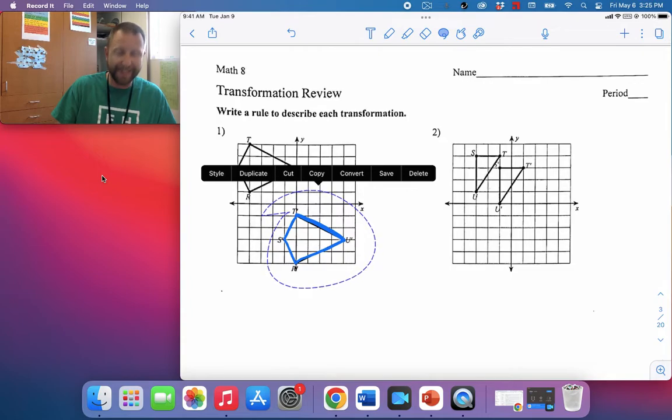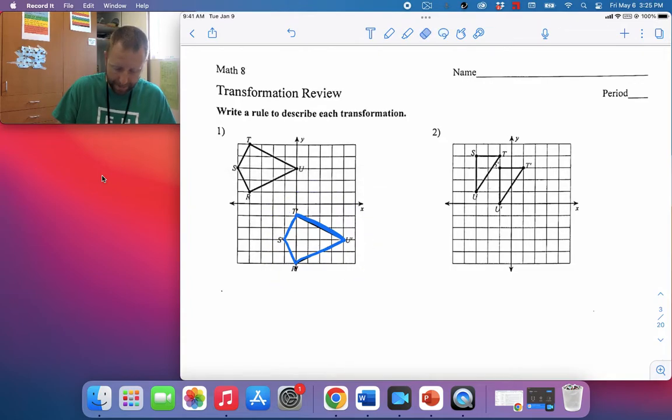That's called a translation, if you forgot that. I'm going to count from T to T prime, and it'll be the same for every other point as well. From T to T prime, I went 1, 2, 3, 4 spaces to the right, and then 1, 2, 3, 4, 5, 6 spaces down.